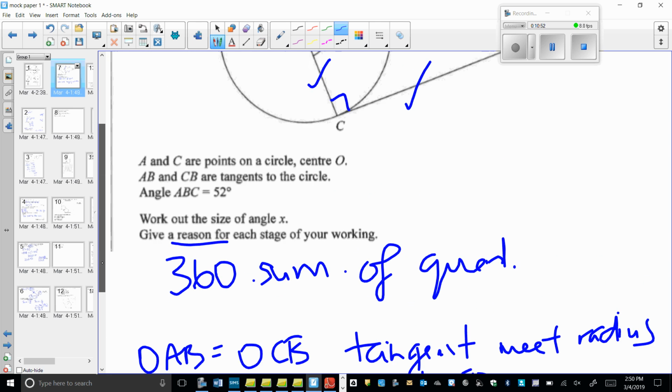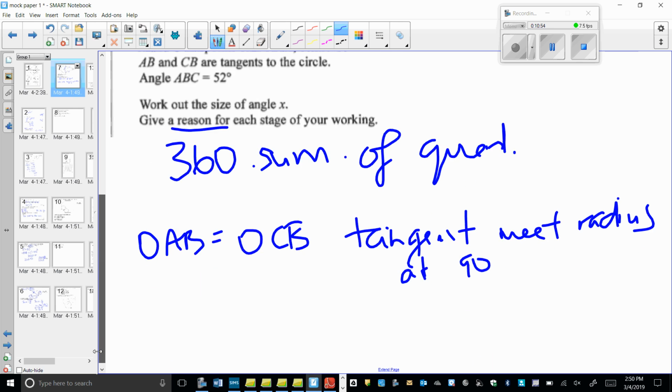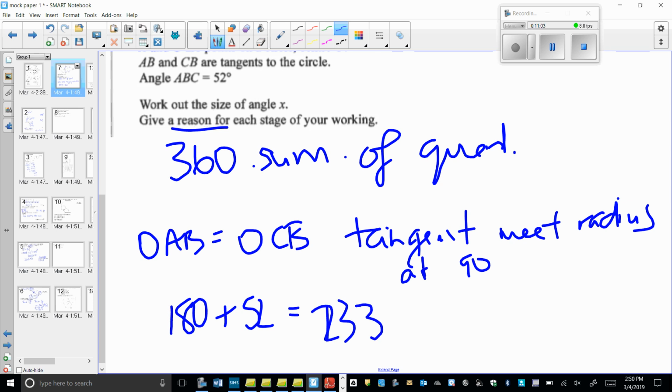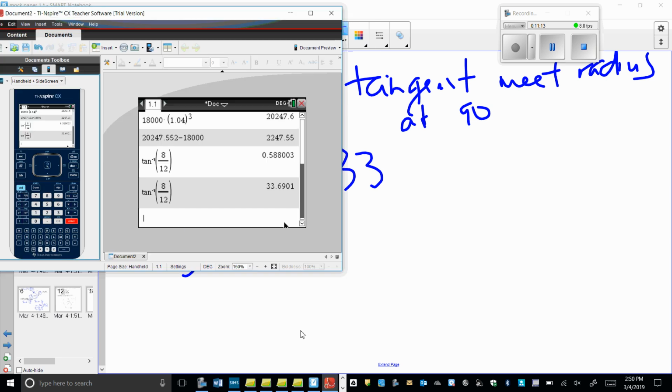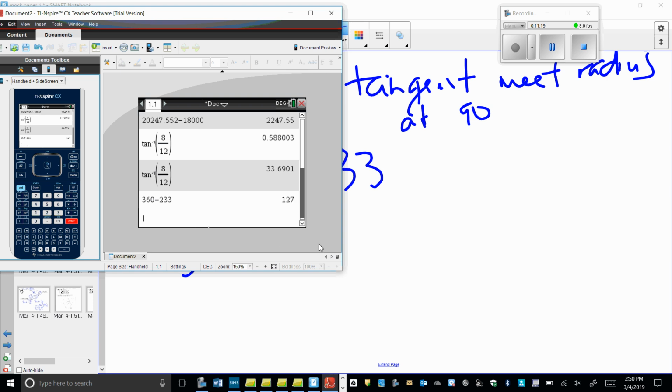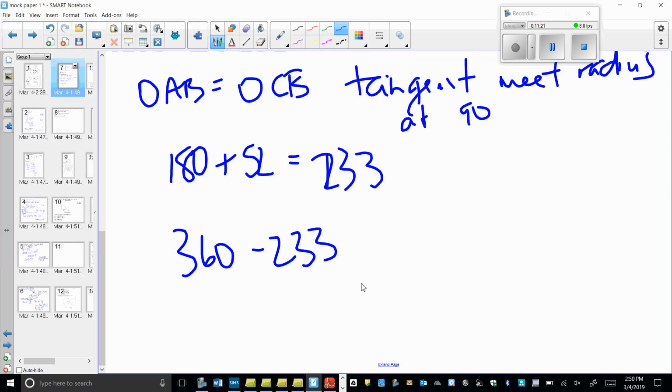And then we know that 180 plus 52, oops, 233, and 360 subtract 233 is 127.